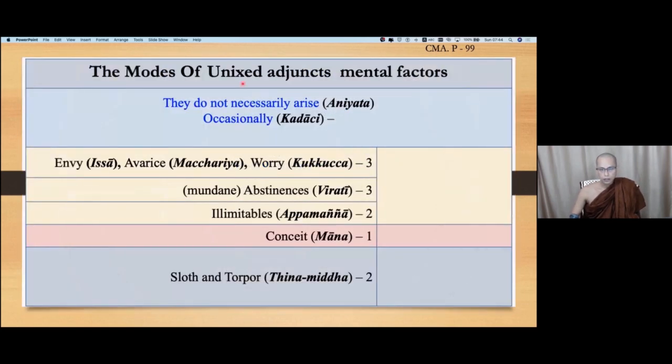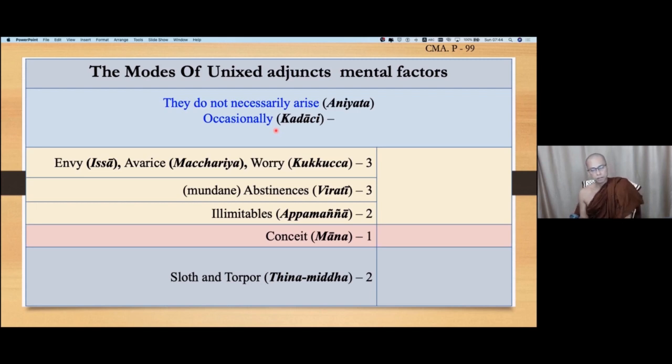Then, okay, let's see the mode of unfixed adjunct factors. They do not necessarily arise as they are aniyata. So how do they arise? They arise occasionally, on occasion. So as I mentioned in the case of virati, when it needs the function of the mental factors, they will be present.